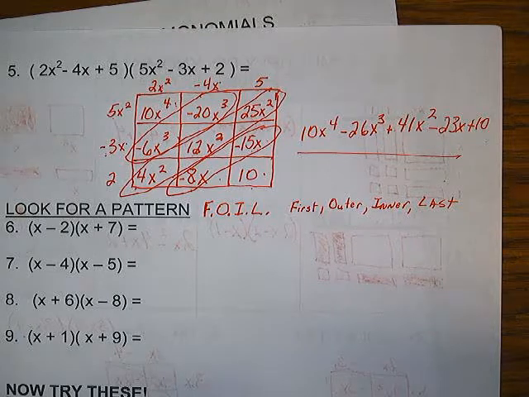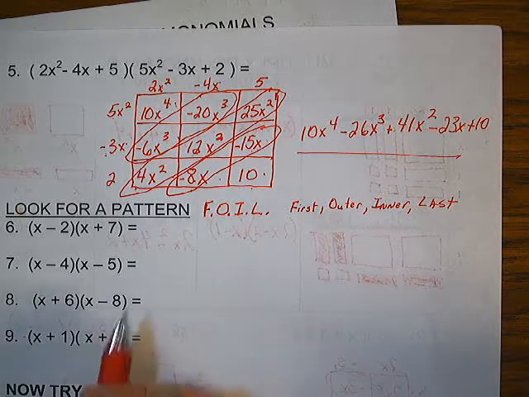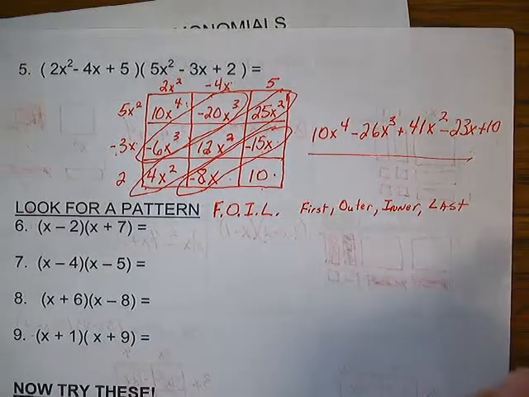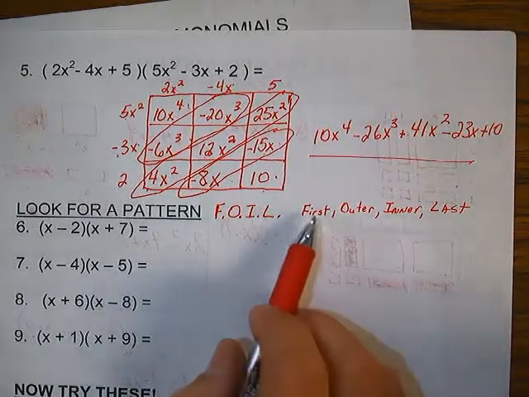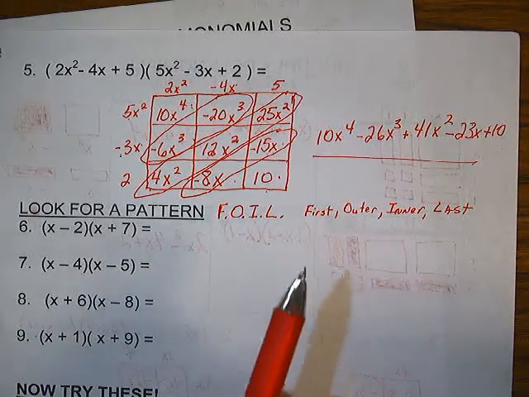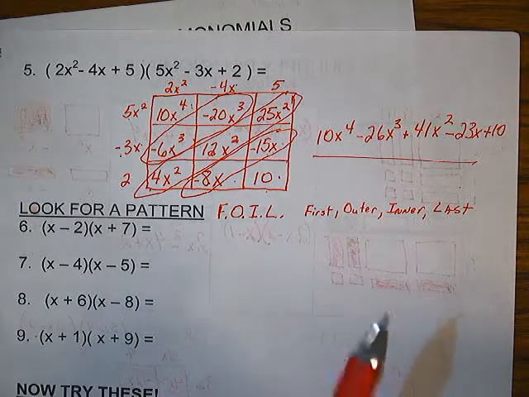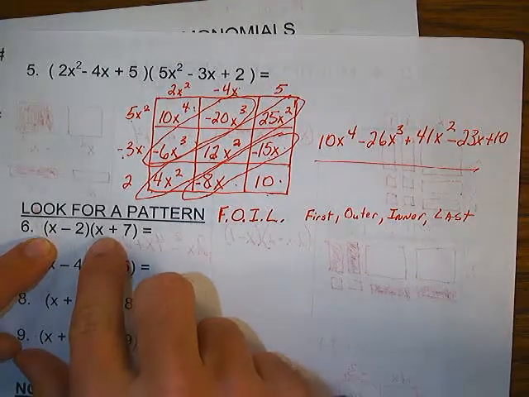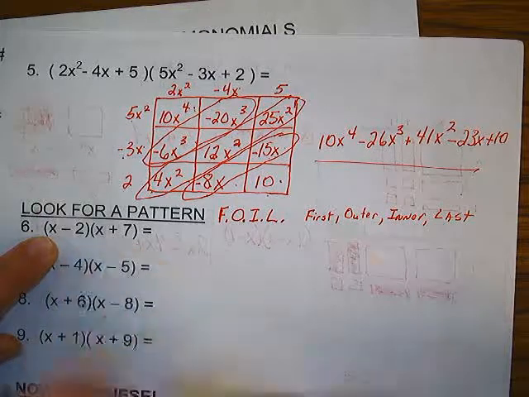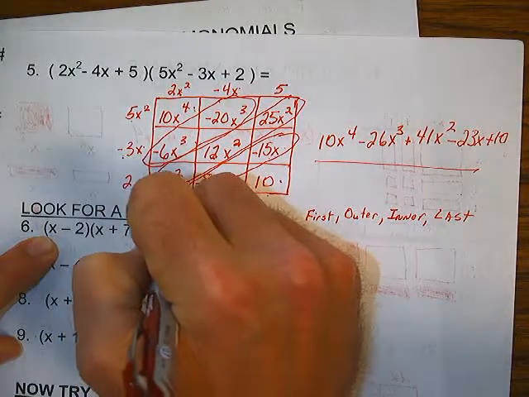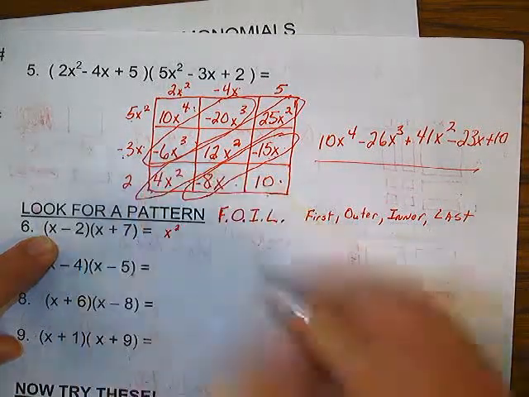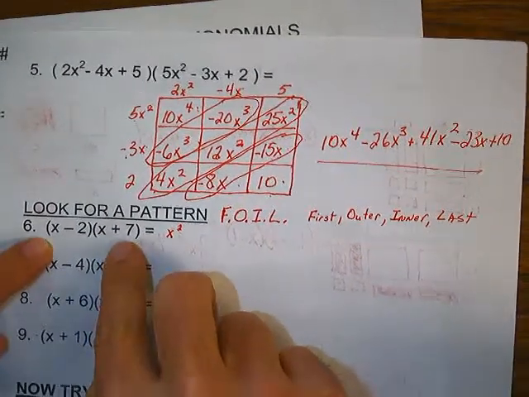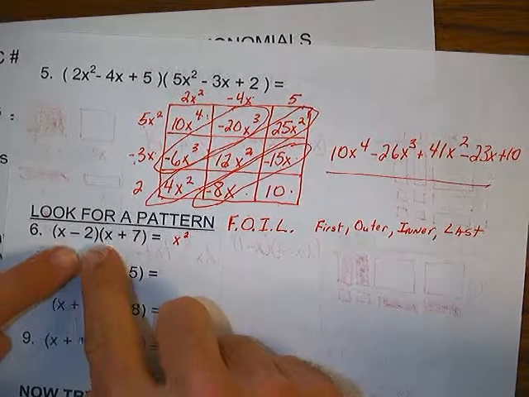Now, we're going to have to know what this first, outer, inner, last means. Okay, when I say first, I want the first term of each binomial multiplied together. That's x in this one, x in this one. So x times x is x squared. Outer, that means the outer part of the two binomials.